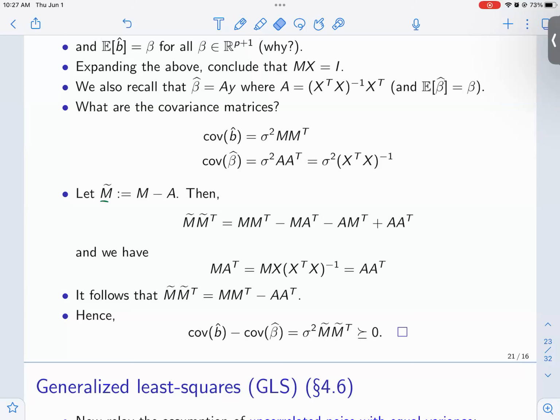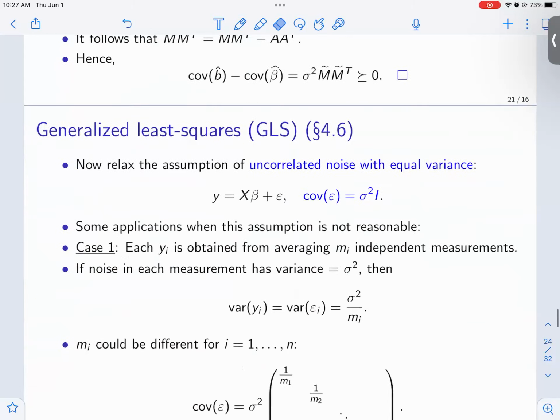So an interesting result here is generalized least squares. What happens if some of those assumptions fail? One of the assumptions that can fail is, let's say, the covariance of epsilon is not sigma squared I. It can fail in many different ways. For example, if the y_i's are obtained by averaging some independent samples before they're given to you.